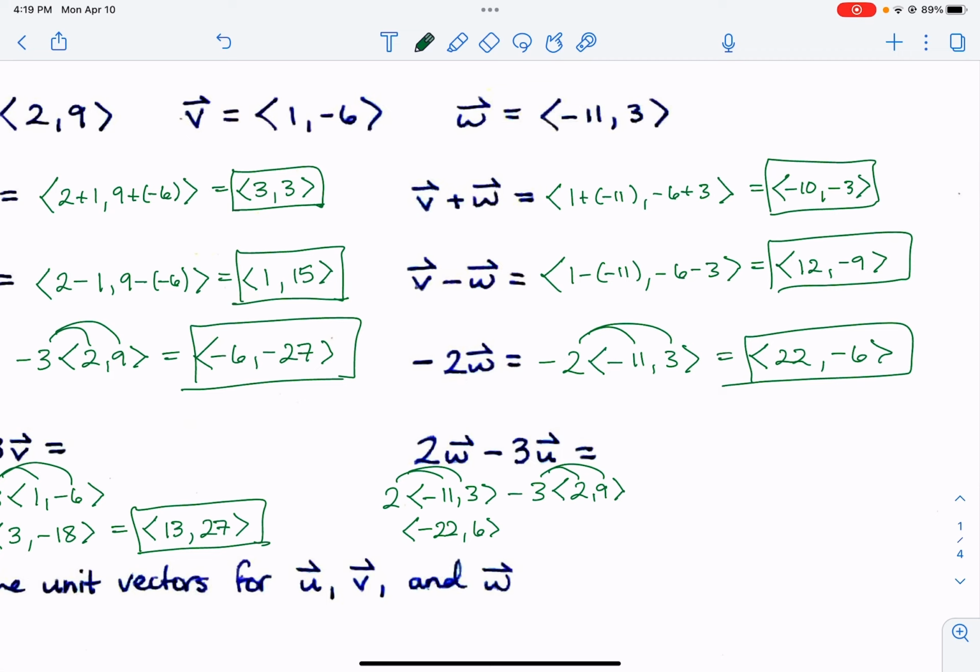I would recommend just distribute the number in, leave the minus outside like this, so that we have 3 times 2, that's 6. 3 times 9 is 27. And then do the vector subtraction. I'd say that's the easiest way. -22 minus 6 is -28, comma, and then 6 minus 27 is -21.